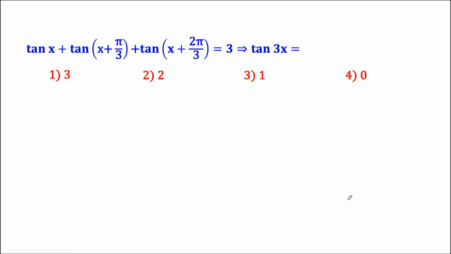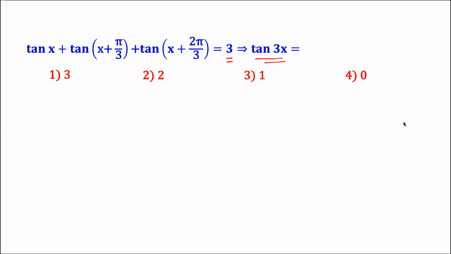Now, if it is given in the question that tan x plus tan of x plus pi by 3 plus tan of x plus 2 pi by 3 is equal to 3, then find the value of tan of 3x. We have to find the value of tan 3x.